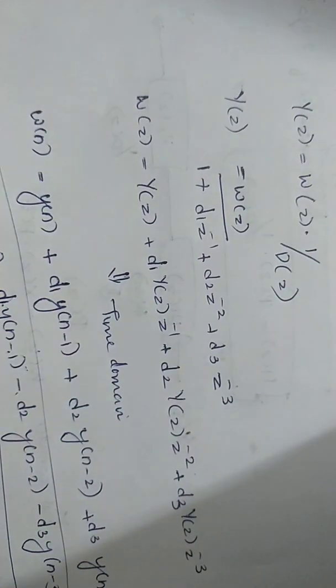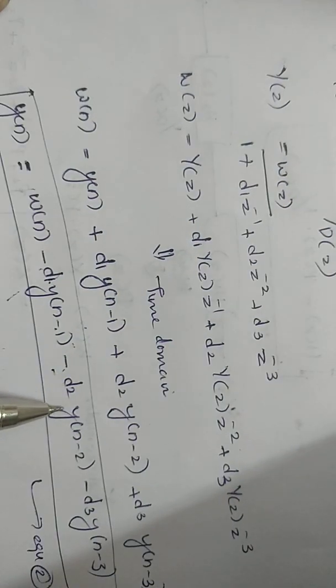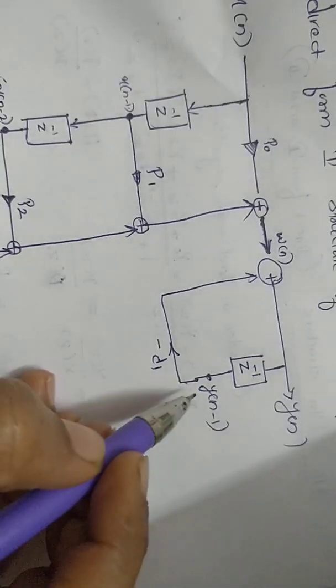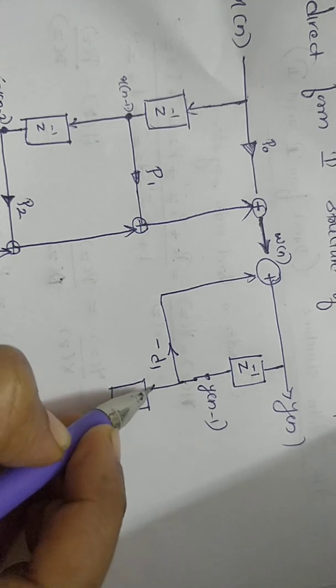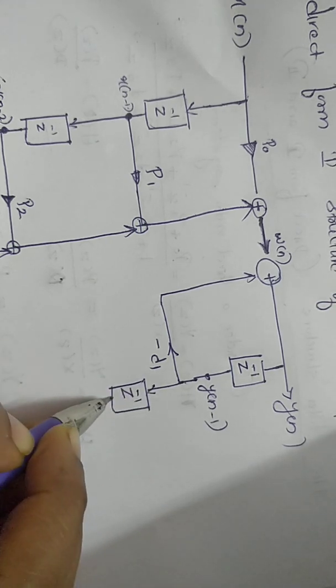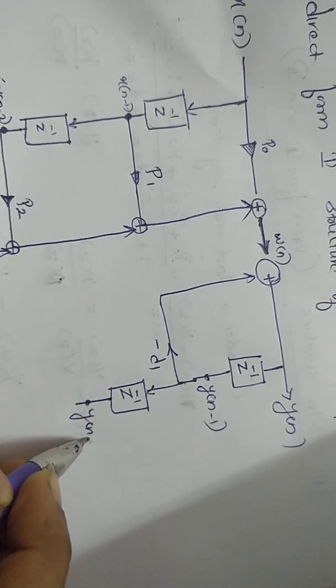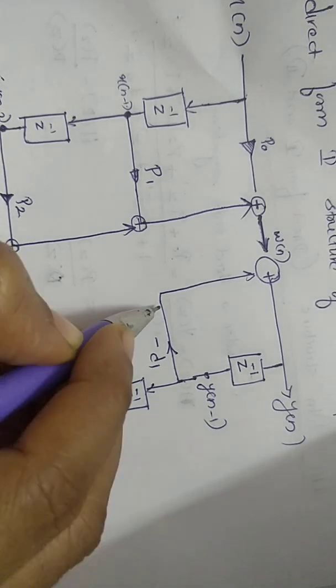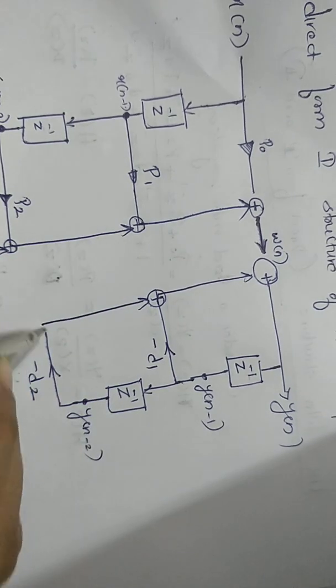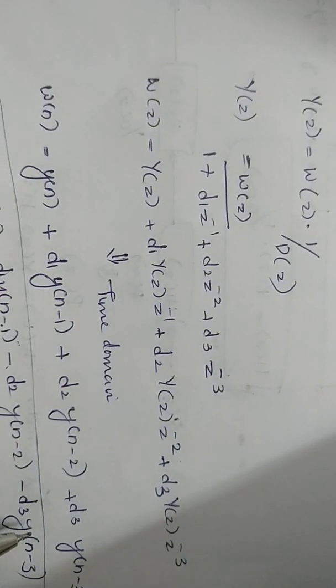Now what is the next term? Minus d2 into y of n minus 2. Here y of n minus 1 is there, so that is multiplied with another z inverse term, a delay term. Now it is y of n minus 2, which is multiplied with the minus d2 coefficient and added here. And what is the next term?